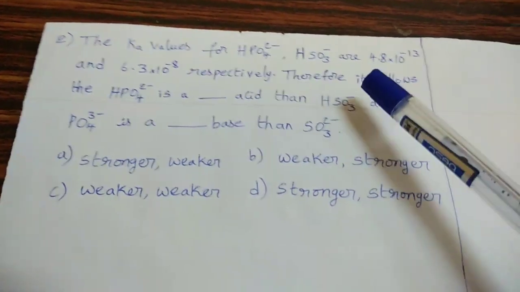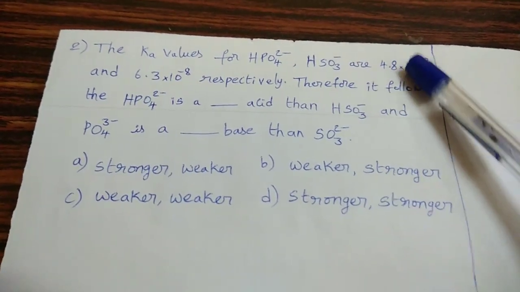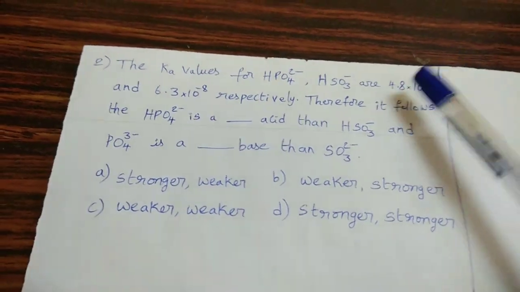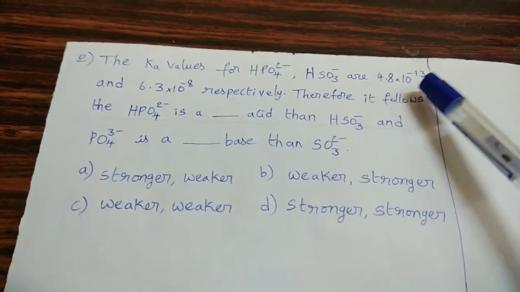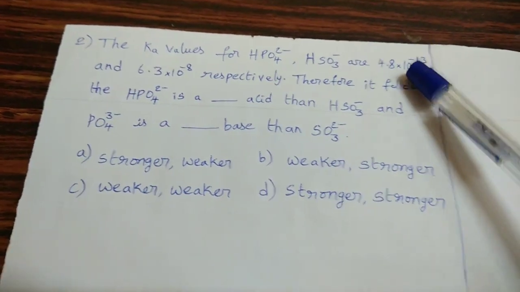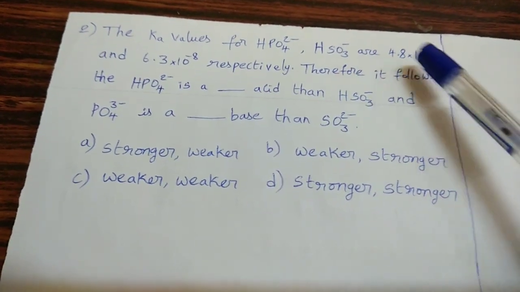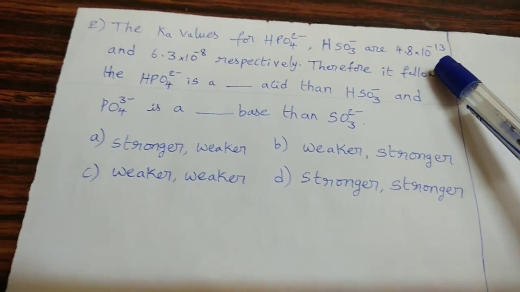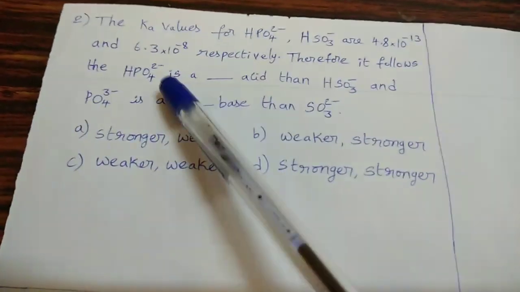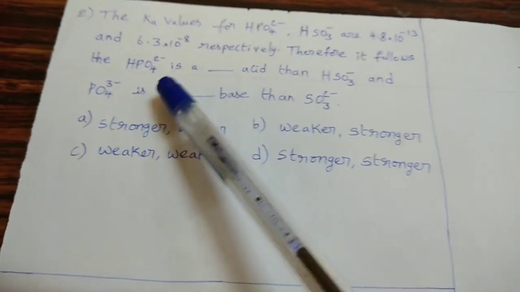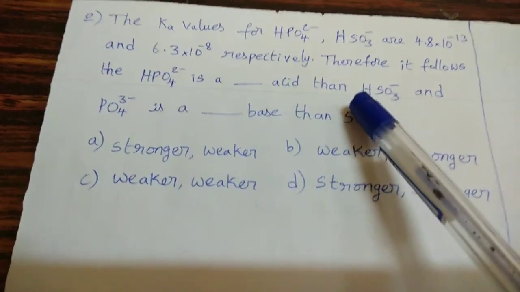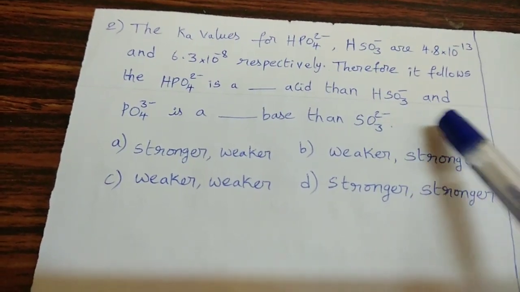For two different species, Ka values are given. Now from this we can understand which is a stronger acid and weaker acid. Between these two, HPO4 2 minus Ka value is less than HSO4 minus. So HPO4 2 minus is a weaker acid than HSO4 minus. So in the first blank we can fill: HPO4 2 minus is a weaker acid than HSO4 minus.